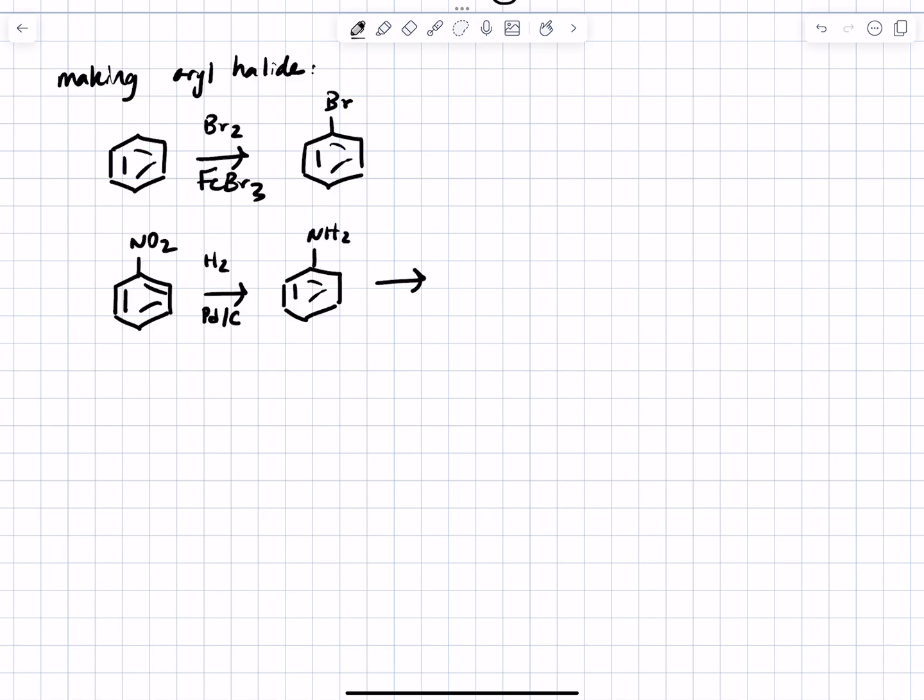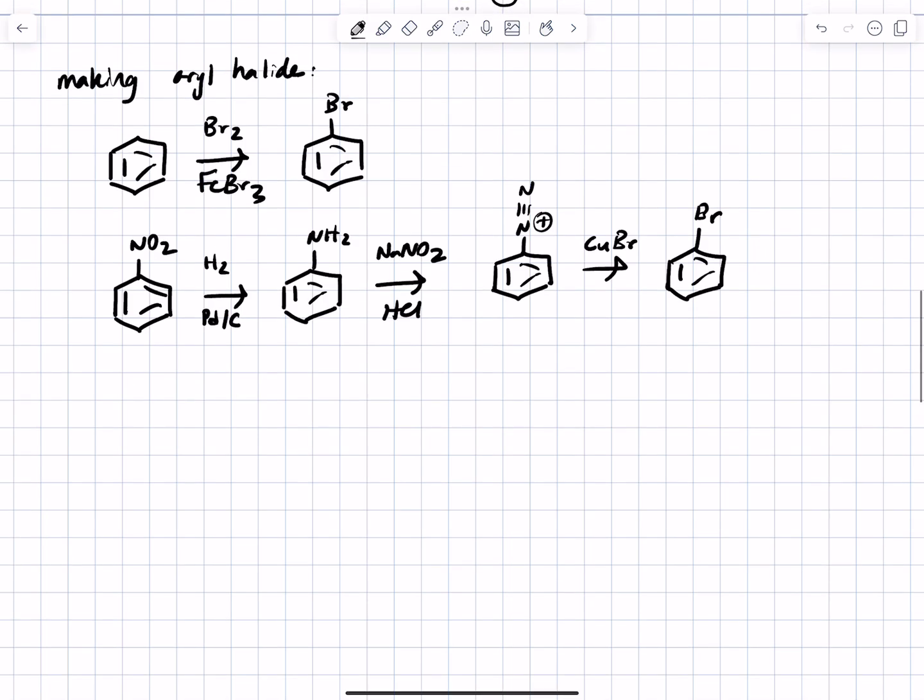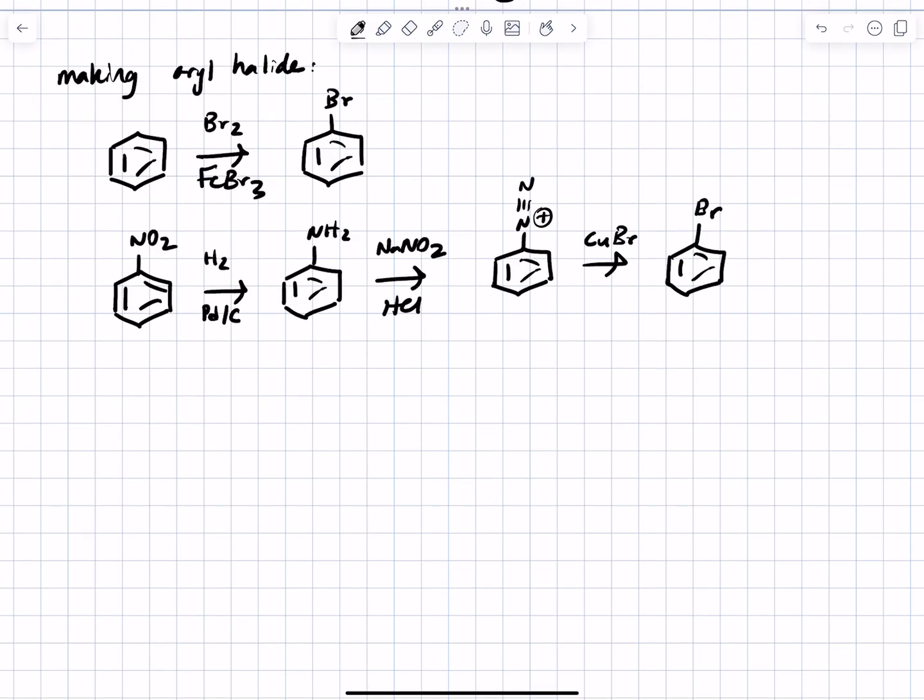And then this is the diazonium type chemistry that we learned, converting the aniline into the diazonium salt. And then once you've got that, you could use some kind of copper halide to replace the diazonium group with a halide. So a couple different ways to do that. That's just a review from things that you've seen before.